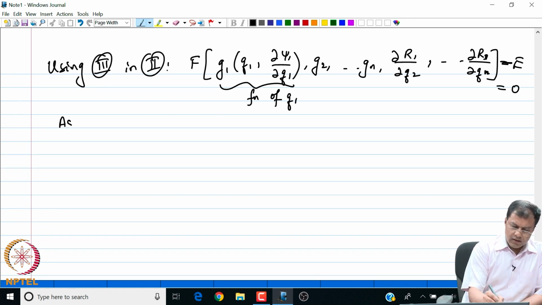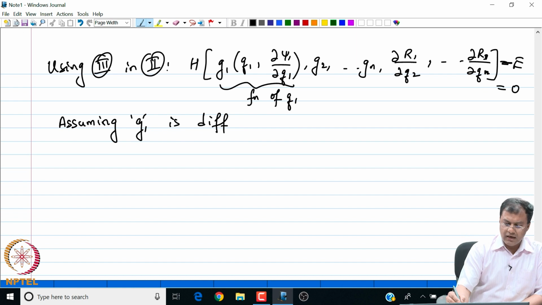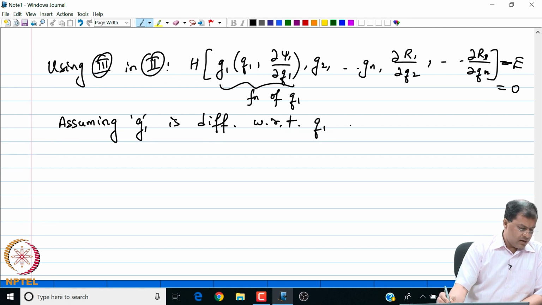So, assuming I have found this function g1 such that it is differentiable with respect to q1, let me call this 3 prime.